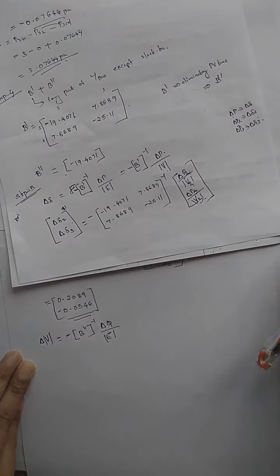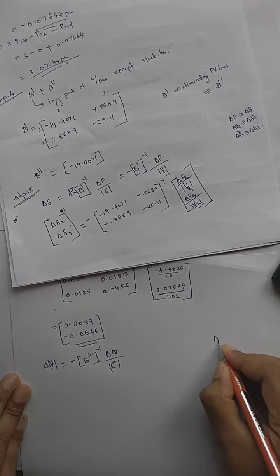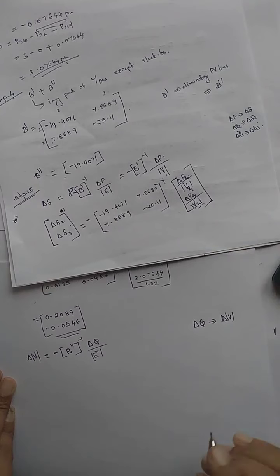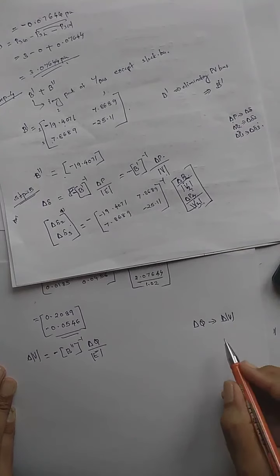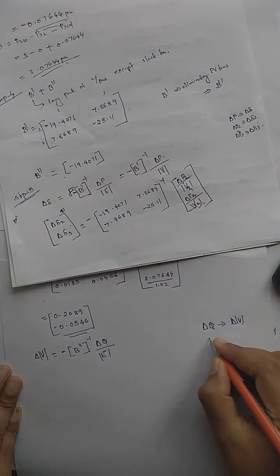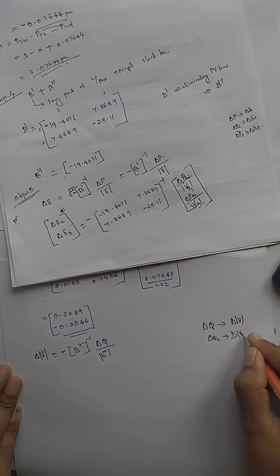See here, P is directly related to delta, like that delta Q is a function of the magnitude of the voltage that we have studied in our decoupled load flow analysis. So here we are finding out delta Q2 only. Delta Q2 alone is there, so we have to find out delta V2 only.